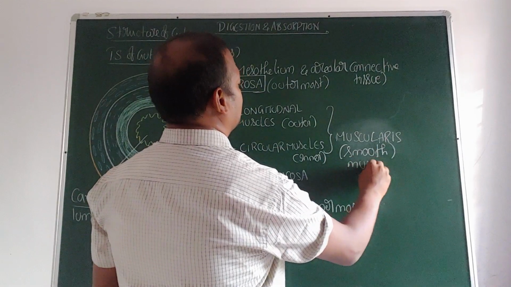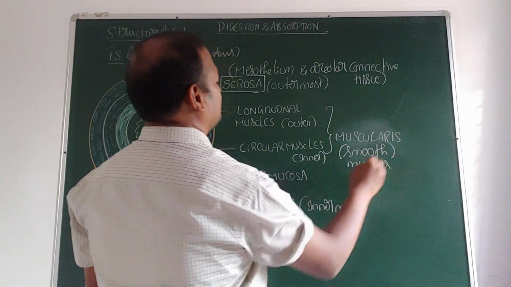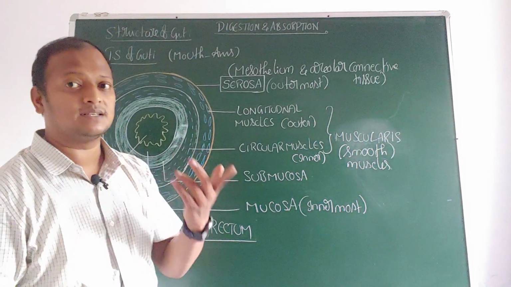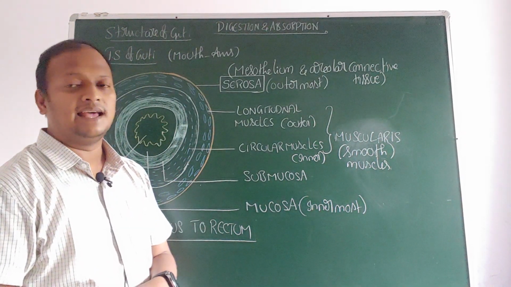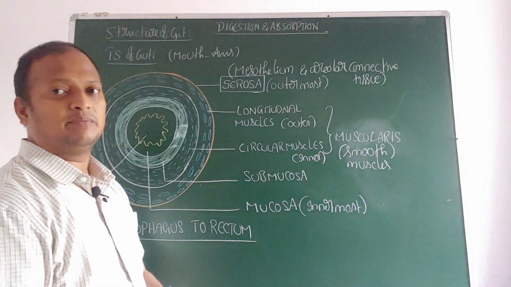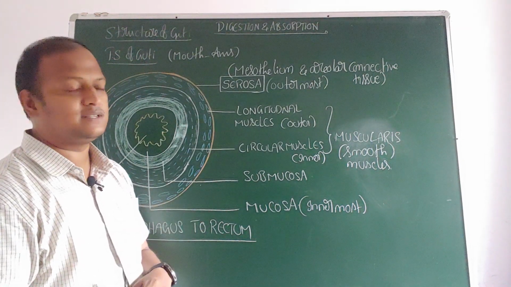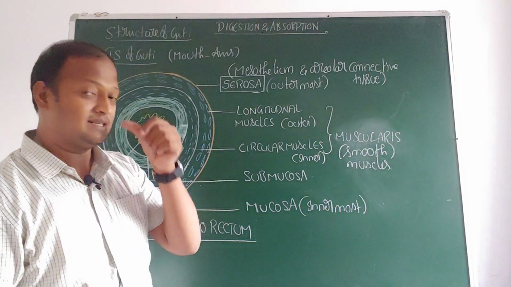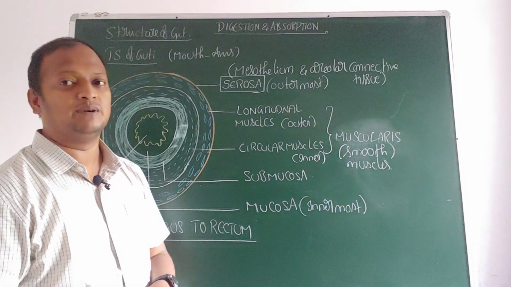So muscularis is made up of smooth muscles: smooth muscles, involuntary muscles, and unstriped muscles. Clear, students, until this? So the outer longitudinal muscles and inner circular muscles are made up of smooth muscles.